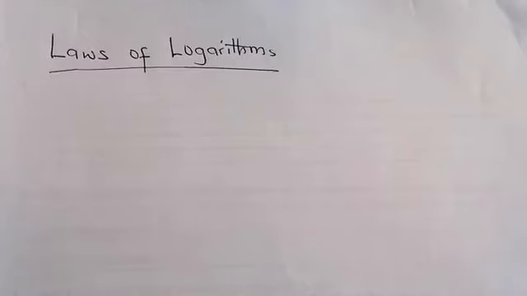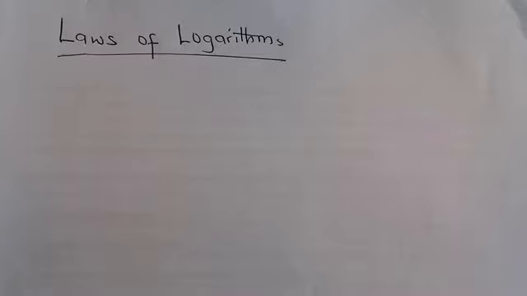Okay, in this series we'll be looking at the laws of logarithms. By definition, the logarithm of a number, say n, to a base, written as log of b for instance, is the power to which the base must be raised to get that number.